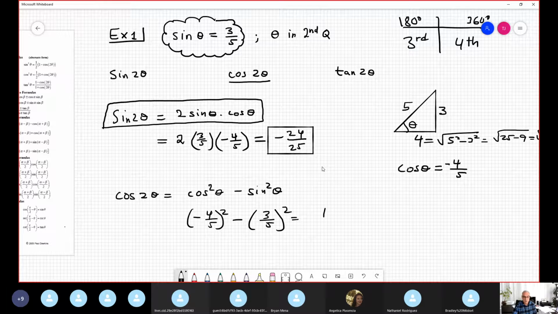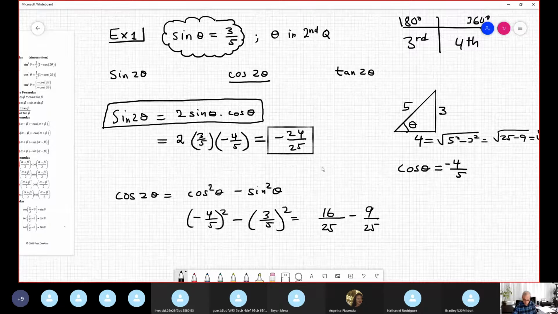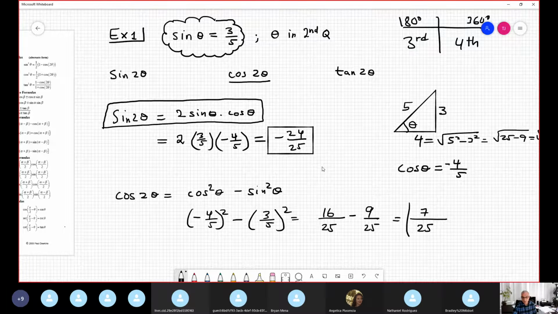This is positive 16 over 25 minus 9 over 25. And 25 is the common denominator, and 16 minus 9 is 7. Wow, it's 7 over 25, positive.